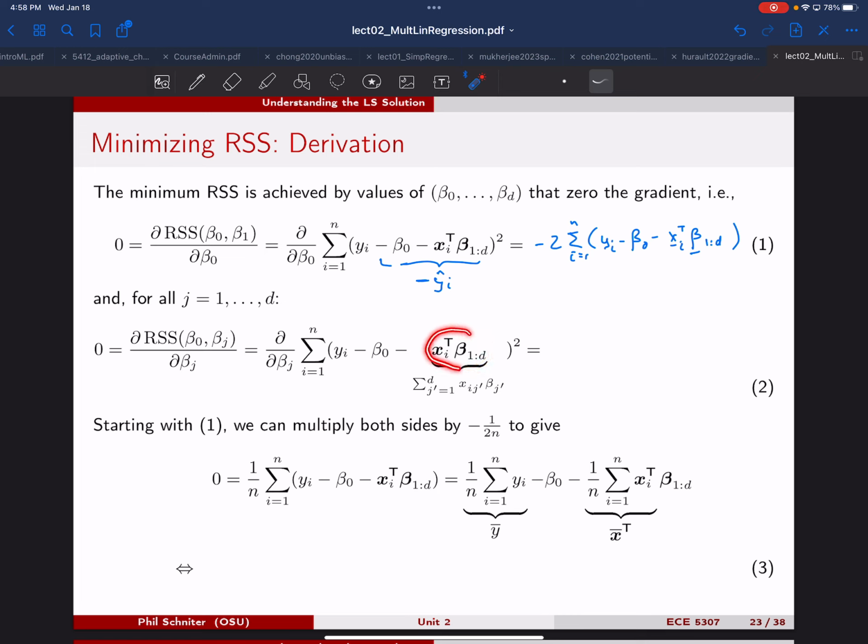So let's write this as a summation. I'm going to use an index variable different than j, because it would be confusing if I use j, so I'll use j prime again. So I can write this as a summation over j prime of x sub I j prime times beta j prime, where j prime goes from 1 through d.